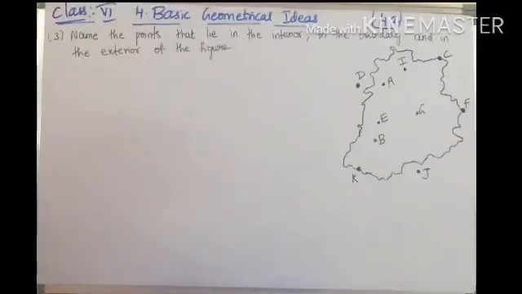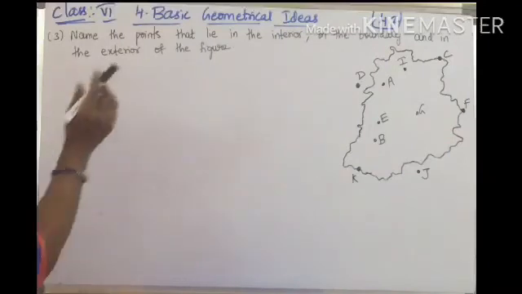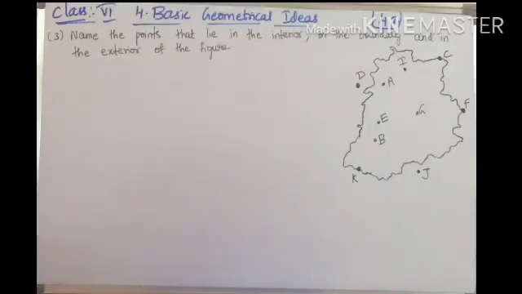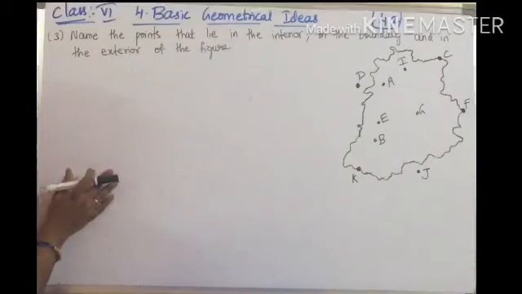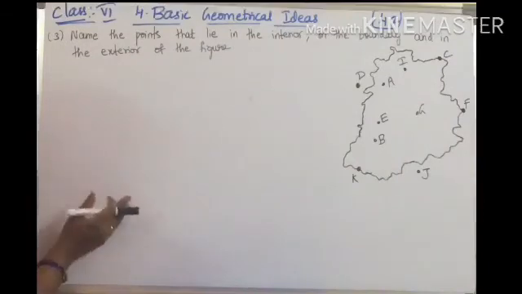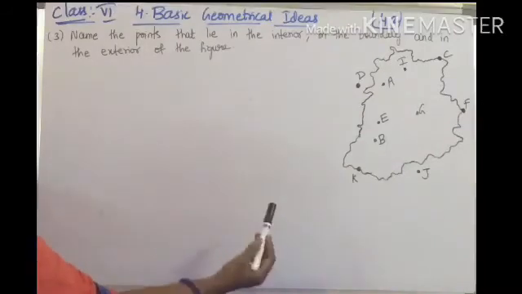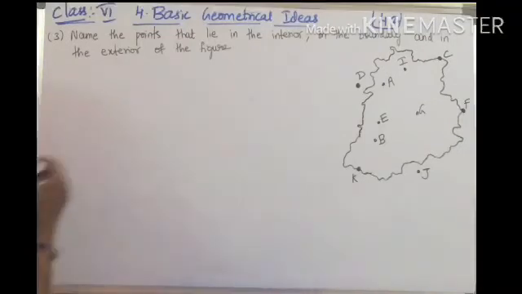Coming to the third question: name the points that lie in the interior, on the boundary, and in the exterior of the figure. I have discussed already that every figure divides a plane into 3 parts: the interior of the figure, the exterior of the figure, and the boundary of the figure. Here they gave this map, and some points are in the interior, some in the exterior, and some on the boundary.